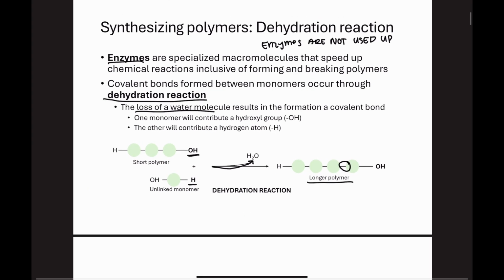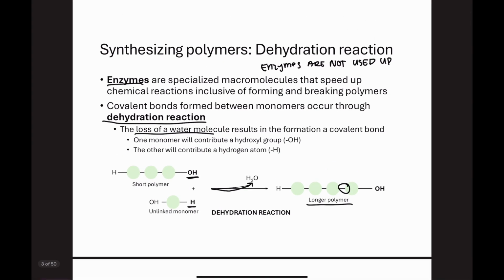And we always have to note that whenever a reaction is carried out, a cell must invest energy for that to happen. And this investment of energy is what's going to allow our cells to create complex molecules, which include our macromolecules.